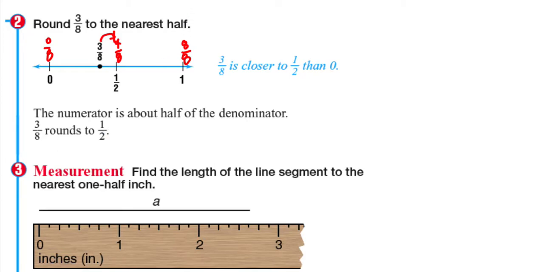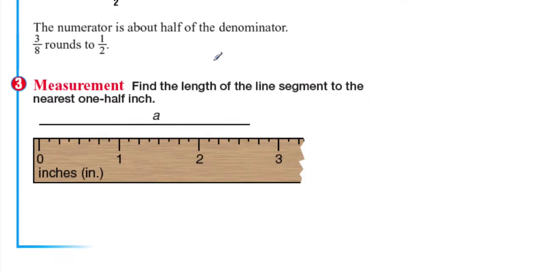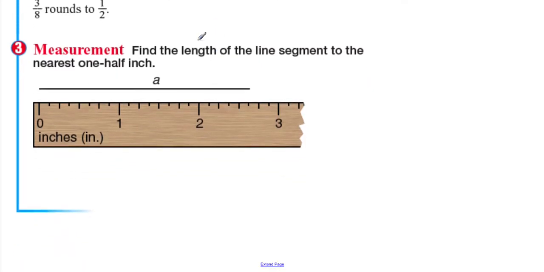Let's take a look at example number 3. The measurement. Find the length of the line segment to the nearest 1/2 of an inch. That means, again, you need to round to either 0, 1/2, or 1.